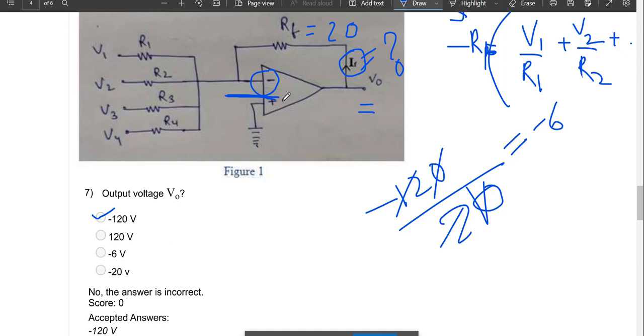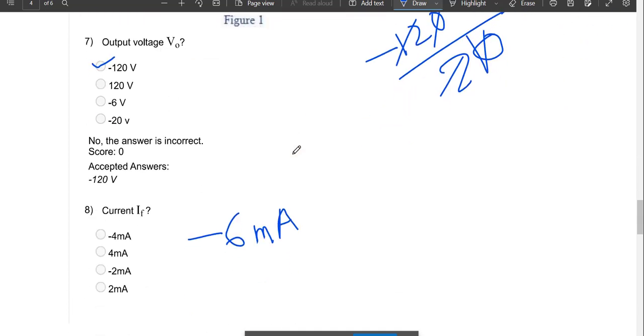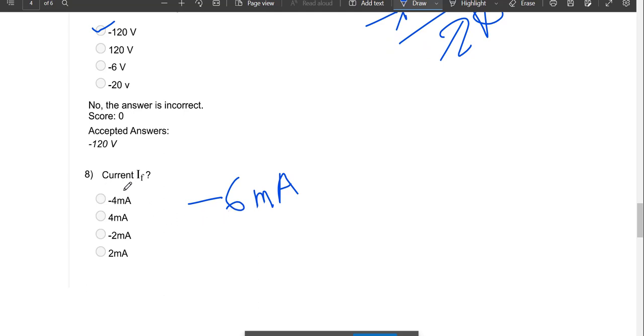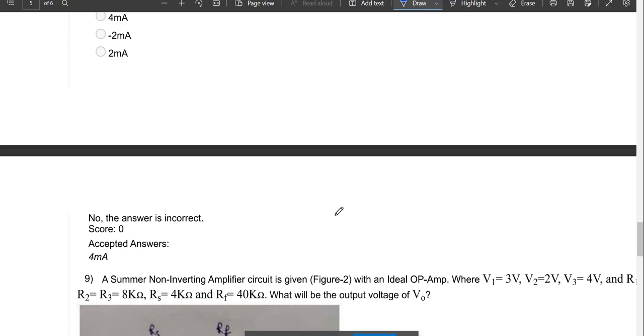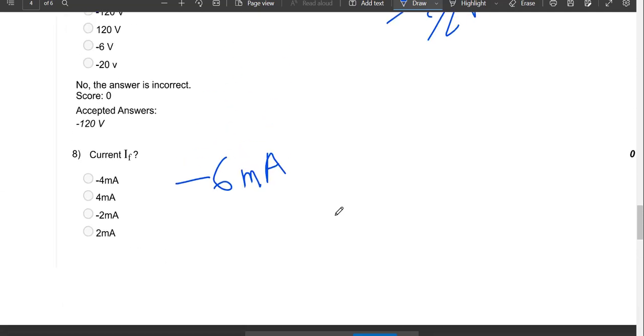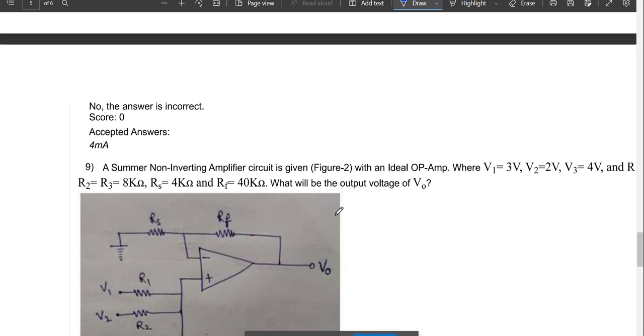For this circuit, it will be V0 minus 0, as it is grounded. The wrong options are given here. The correct option is minus 6 milliamperes. Any doubt? Okay, let's go ahead.